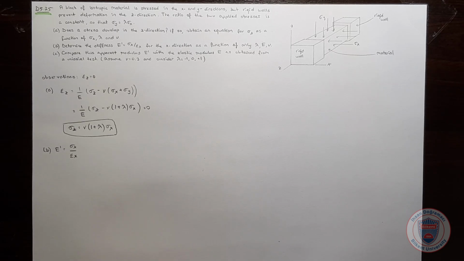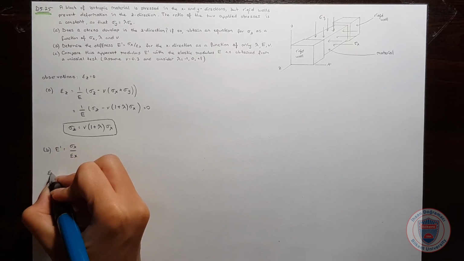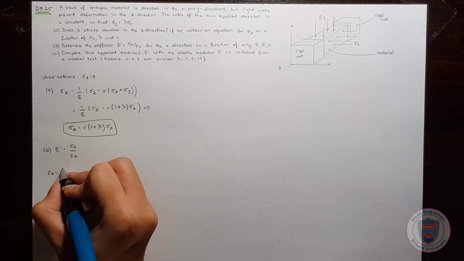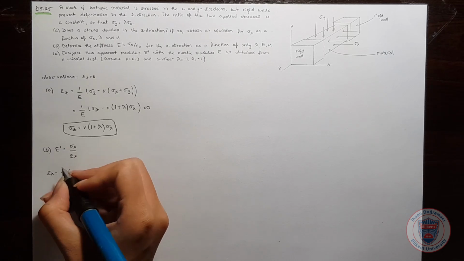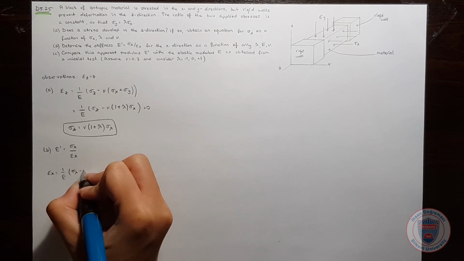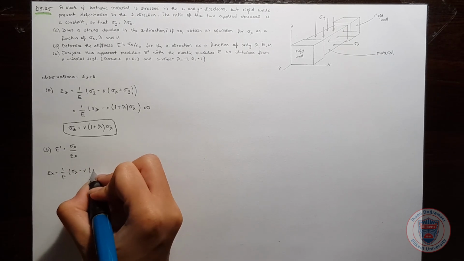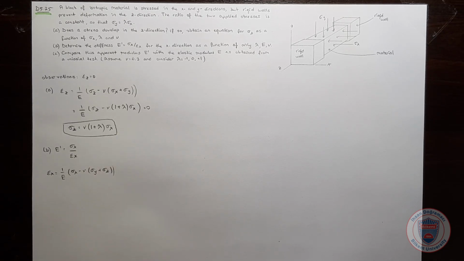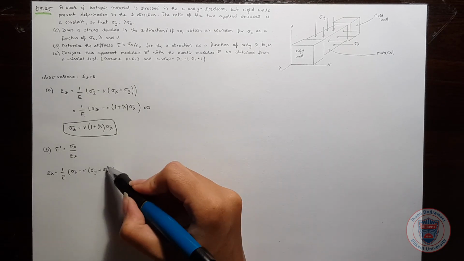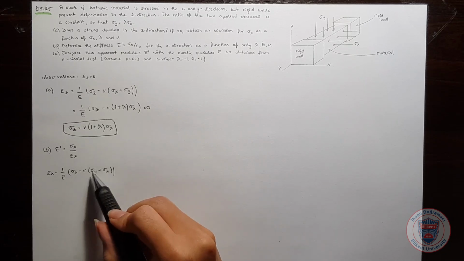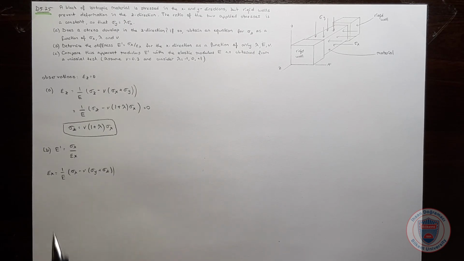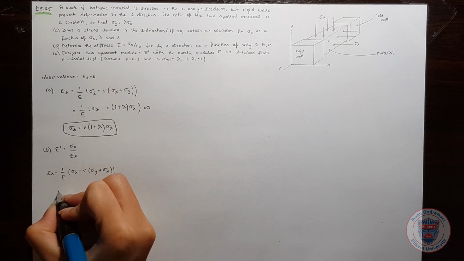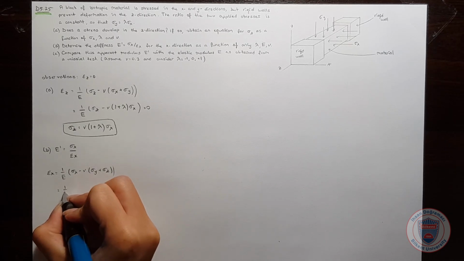Again, from generalized Hooke's law, epsilon x is 1 over E times sigma x minus Poisson's ratio times sigma y plus sigma z. And we know both sigma y and sigma z in terms of sigma x. So let's substitute them.